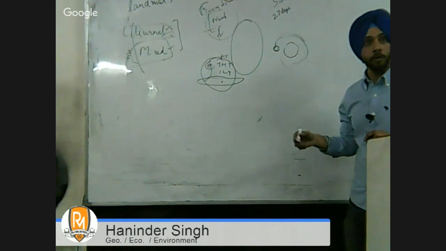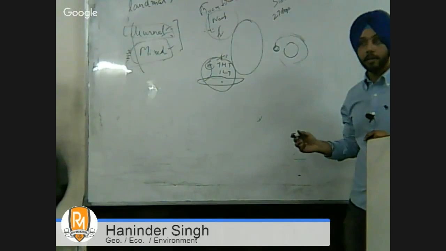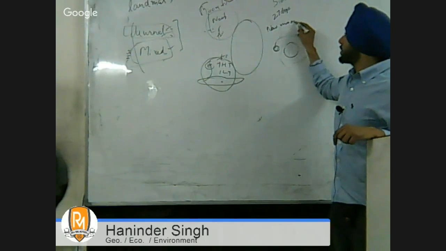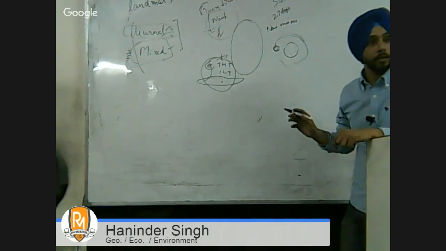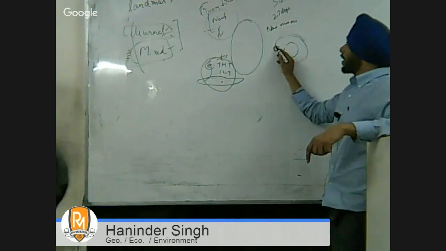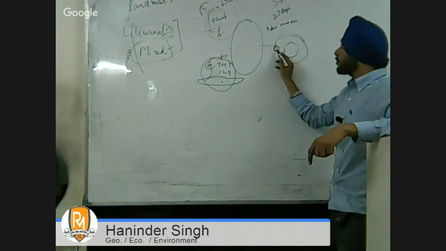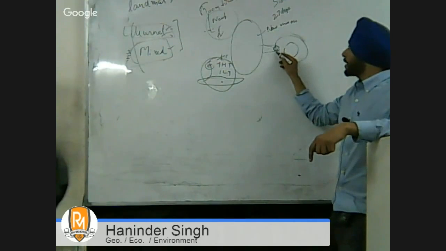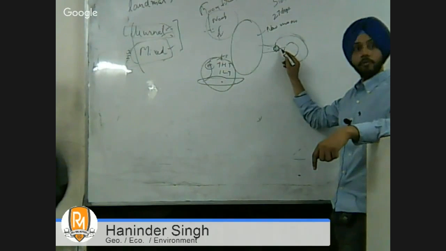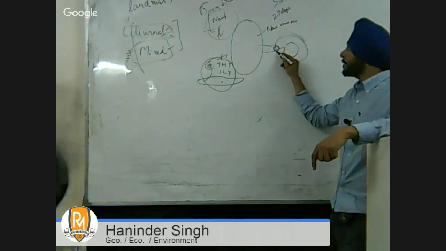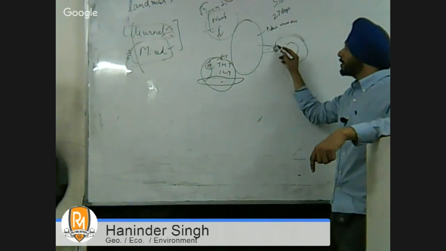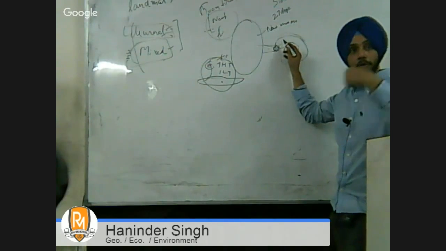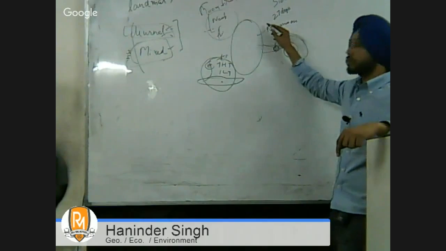New moon, full moon, quarter moon, crescent. In new moon, do you see the moon? No. Why? Because only this part of the moon is illuminated by the sun, and the earth only sees one side of the moon, which remains unilluminated, so we do not see the moon. That's why this is called new moon.